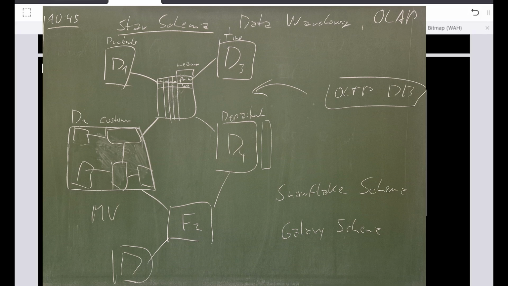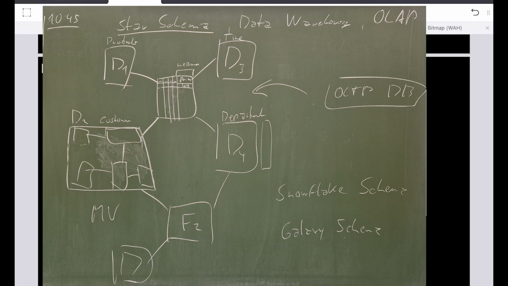So what they did was they had a central table called the fact table, and around that they had dimension tables. Now let's call it D1, D2, D3, and D4, for instance. So a central star, so to say, yeah, and then the dimension tables around that star.